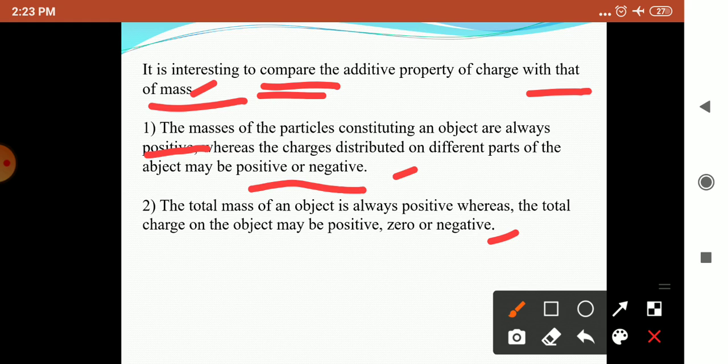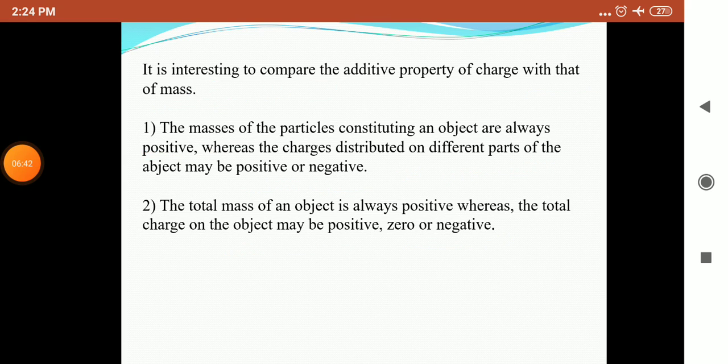The total mass of an object is always positive, whereas the total charge on the object may be positive, 0 or negative. So when we consider electric charges, we have to think about these 2 points.